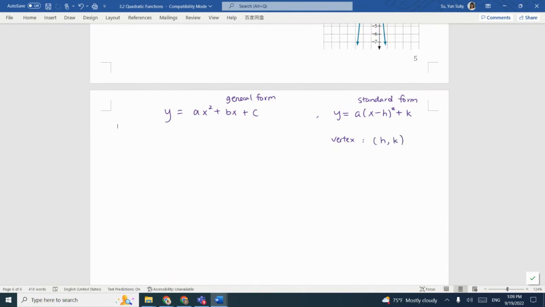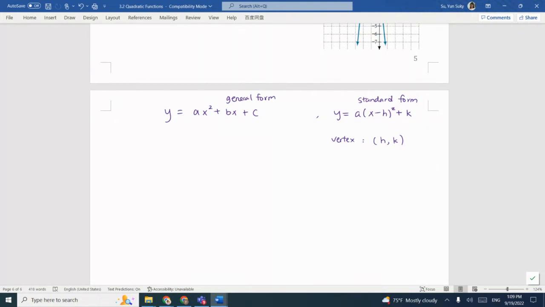And you gotta be careful. This is x minus h. Okay, so this is minus h, then your x coordinate is the h. Therefore, if you have like x plus 3 squared, then your h will be -3. Okay, it's always the opposite sign there, right, everybody?